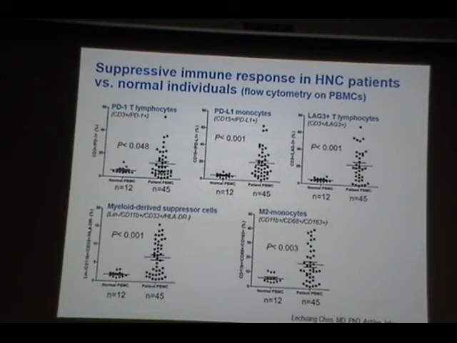Those T cells can then recognize cancer cells and mount an immune attack on them, either limiting their growth or just killing them off. So that's the thought behind immunotherapy.